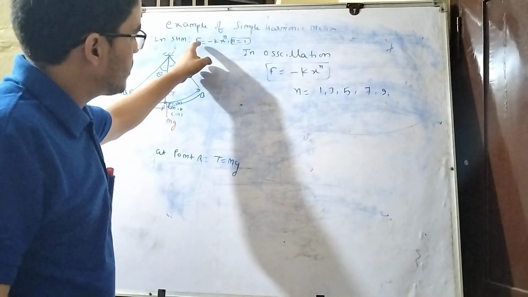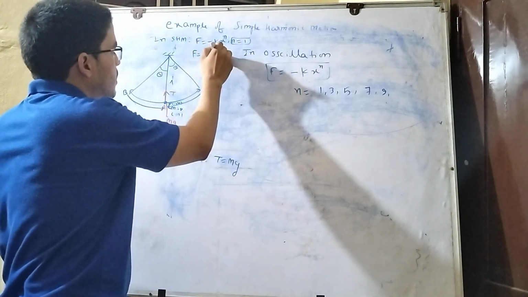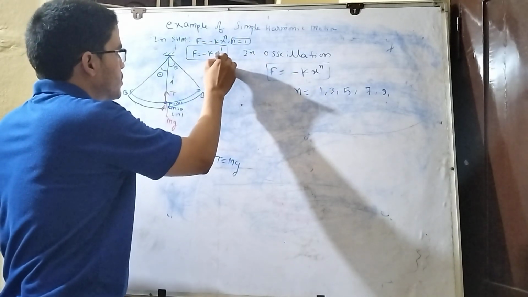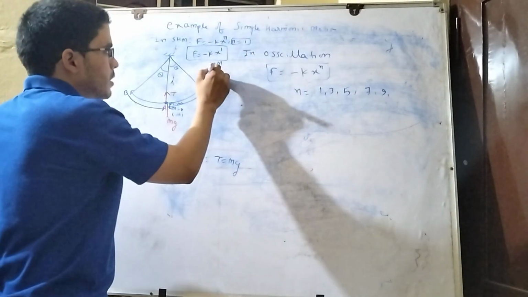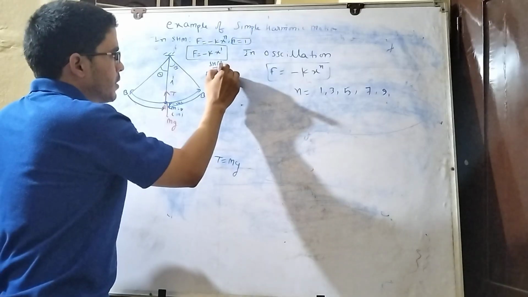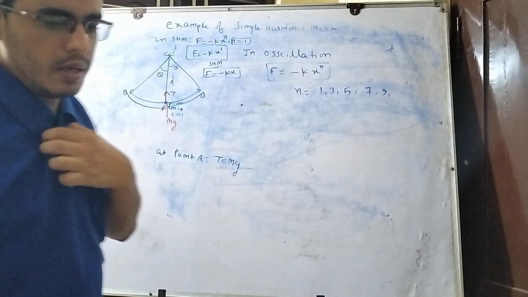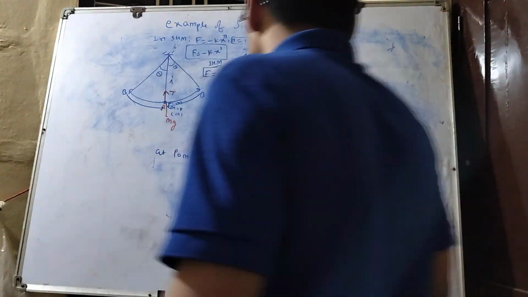So here what formula do we get? F equals minus k x power 1. That is our simple harmonic motion. Many books you will check, it has been given as F equals minus k into x. That is also correct. I will check that the video is visible or not. Yes, it is visible.